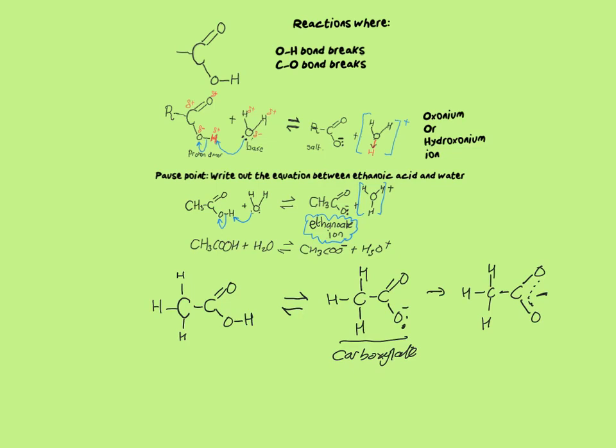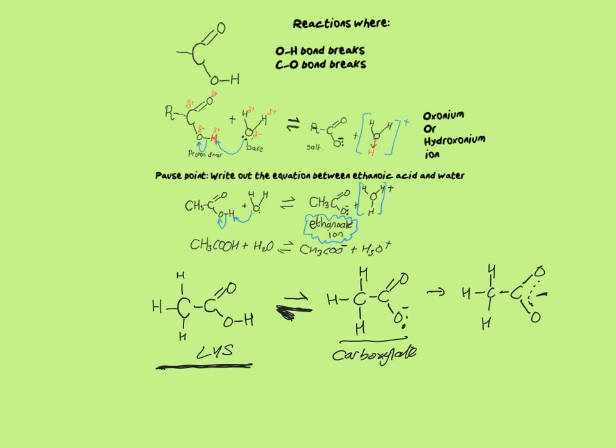So the strength of the acid depends on the stability of the carboxylate ion, but the equilibrium in this case lies massively over to the left-hand side, and it's dependent on the strength of the base and the ability to remove a proton. So in water, ethanoic acid, the undissociated molecule, is certainly the more predominant.